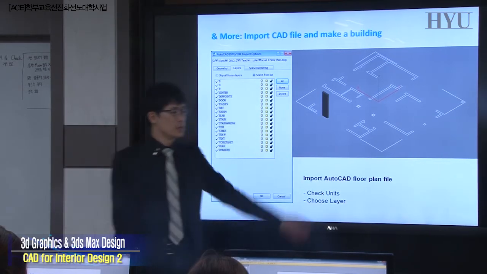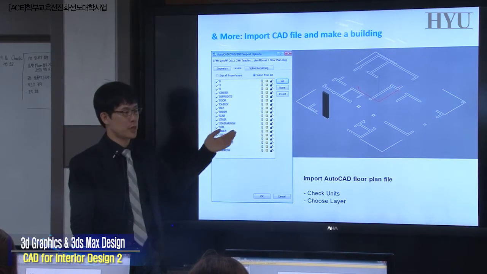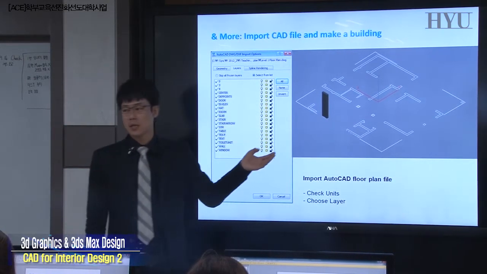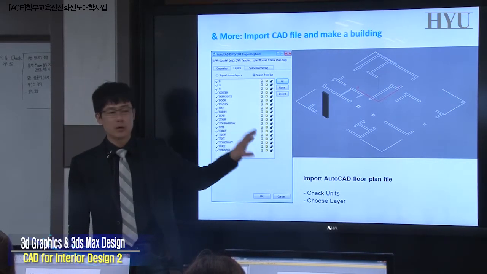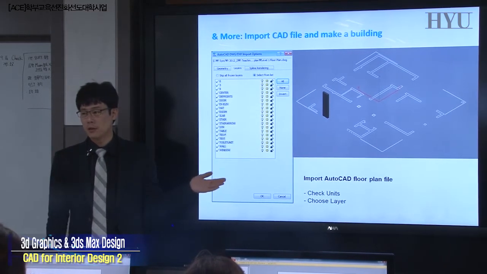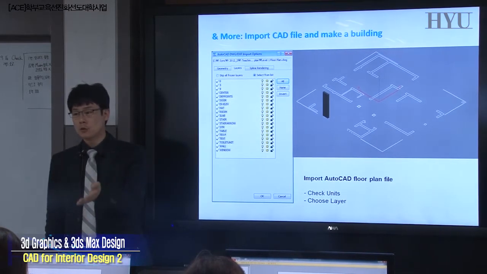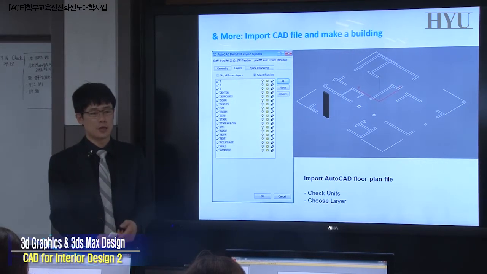so on. This is the fundamental way, but you can take some advantages from using AEC extended objects named wall, windows, stair, and so on. We're going to deal with this part later because this is actually the most important thing for the one who's dealing with building design, like us, interior architecture design.